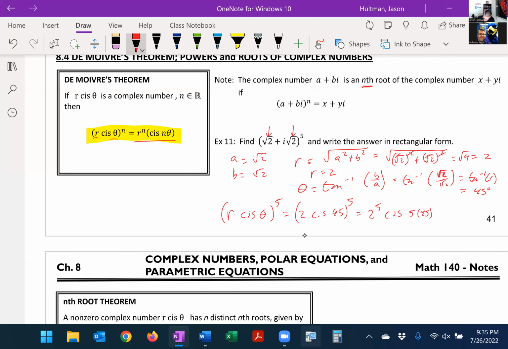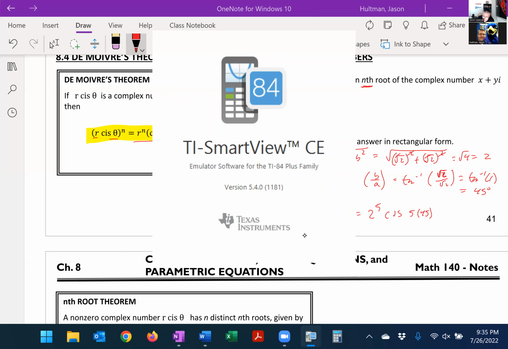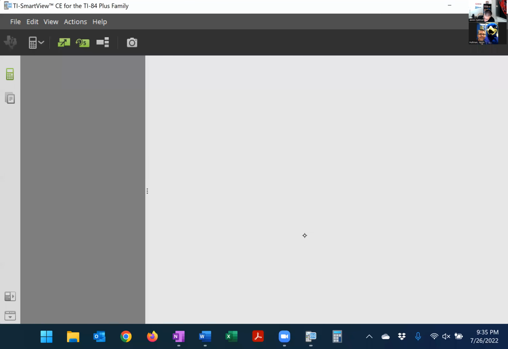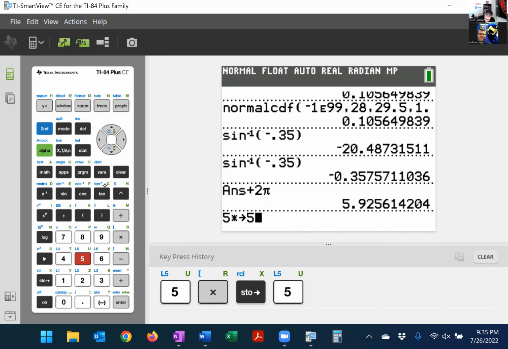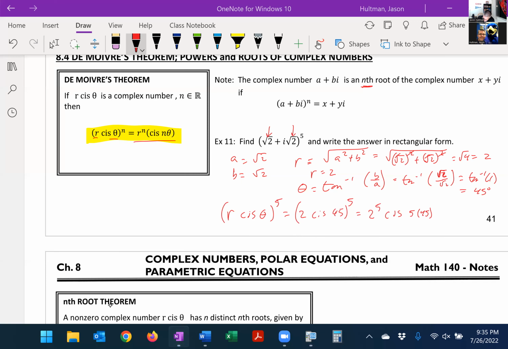Okay, so if I do 5 times 45 on the calculator, I believe that's 225. We'll just verify it. Okay, so 5 times 45 is 225. Okay, so this is going to be equal to 2 to the 5th cis 225 degrees. Okay, and 2 to the 5th is 32. Okay, so this is 32 cis 225.